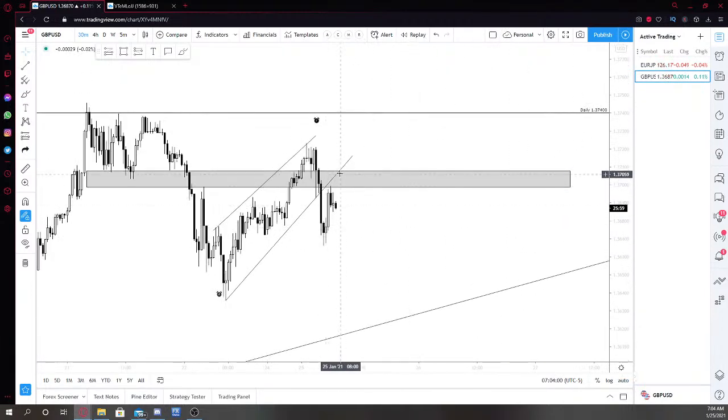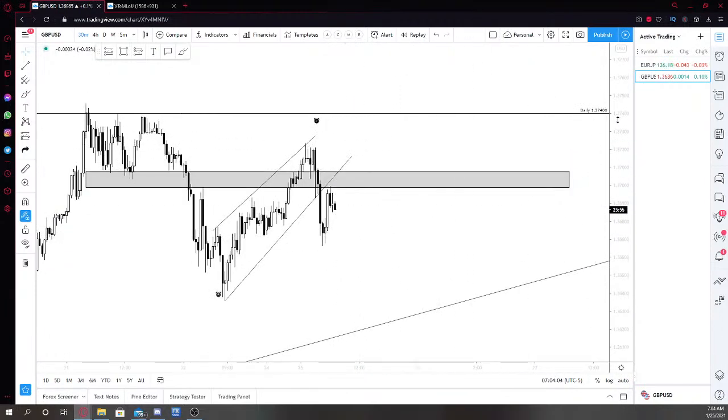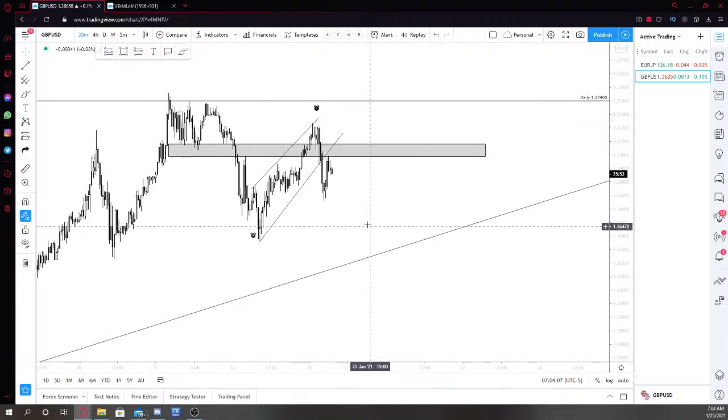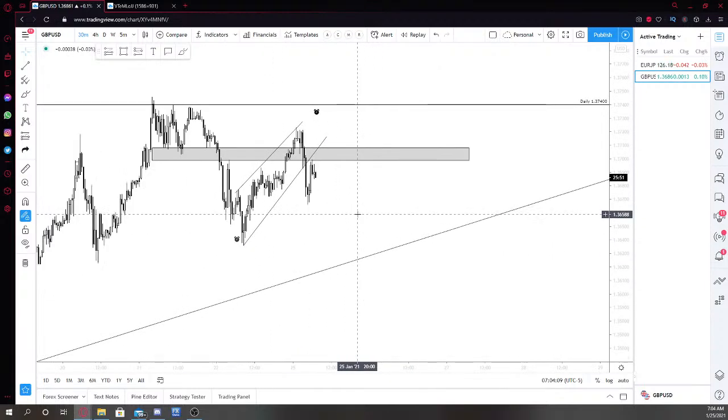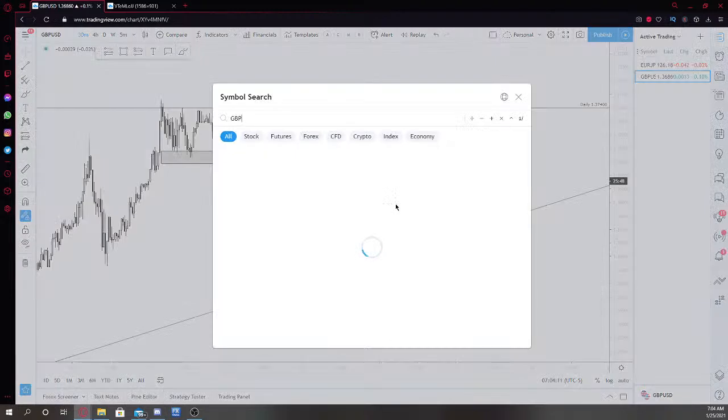So yeah, looking for price to come back up a little bit higher, and then looking to sell that off. And I'll be looking to sell that off to this trend line, or at least this low here. But let's do a full markup on this.